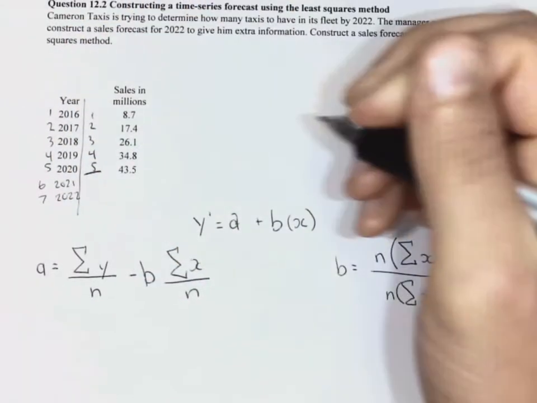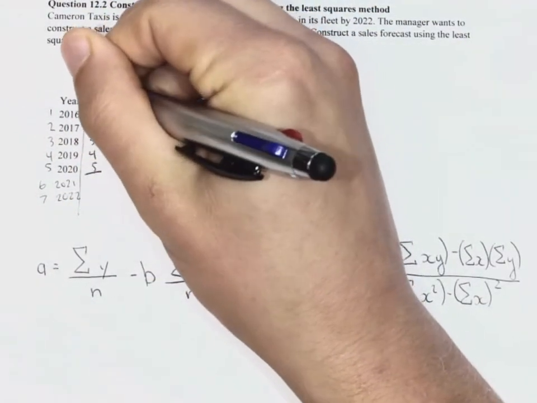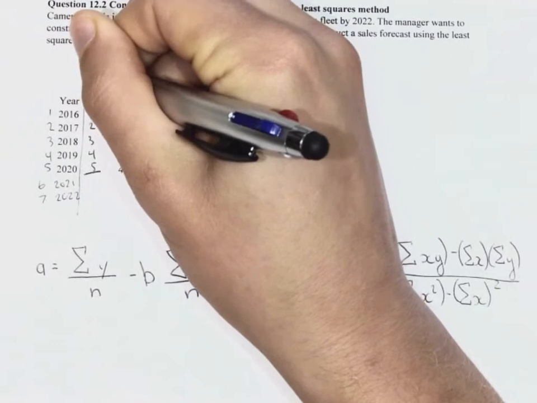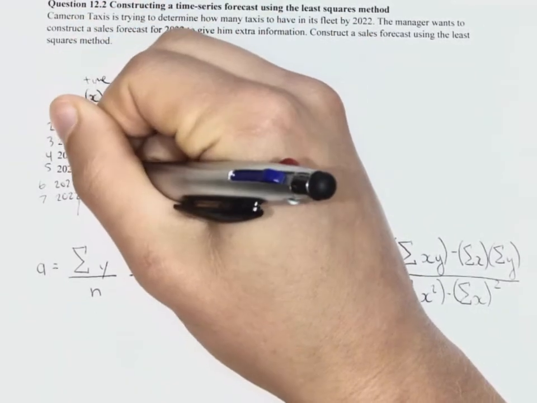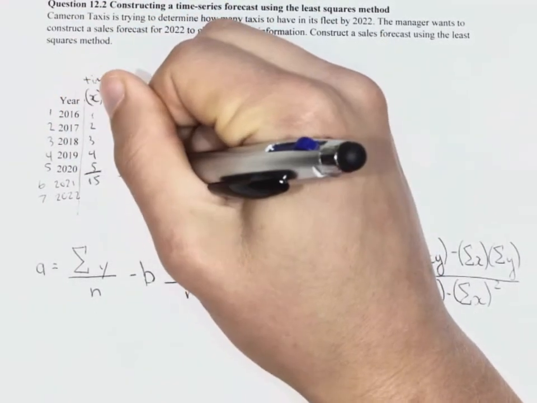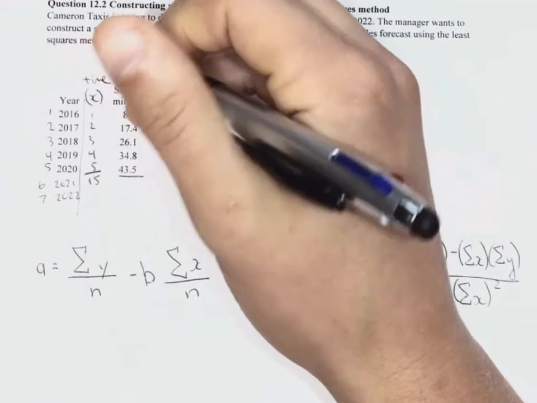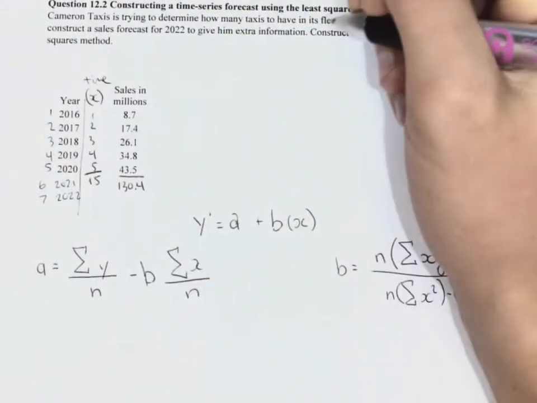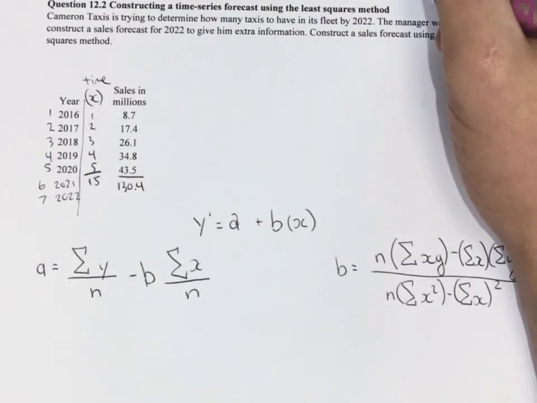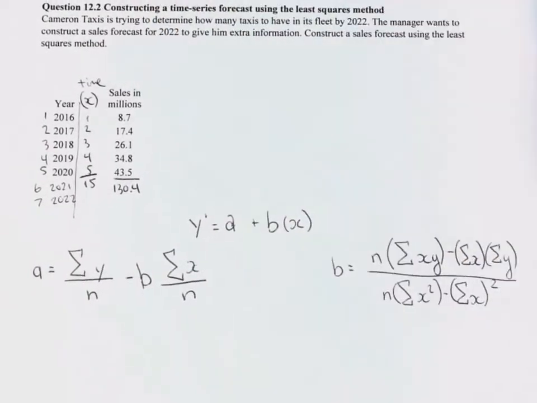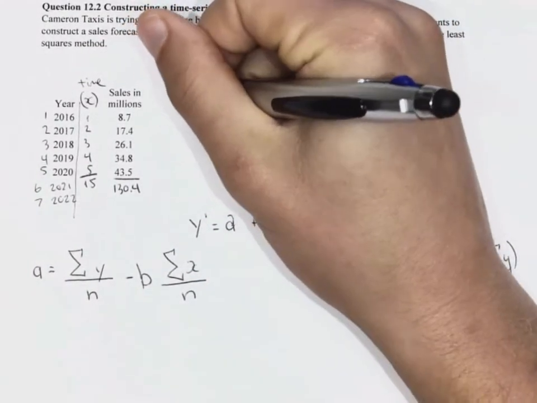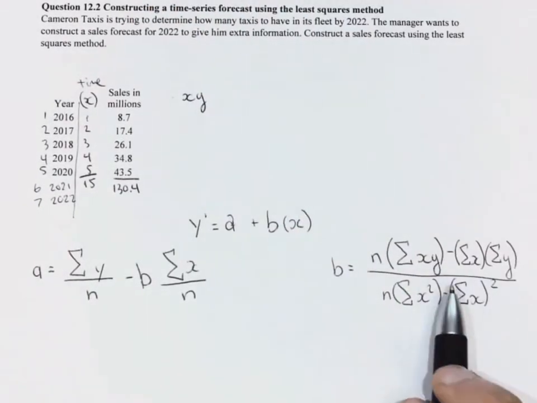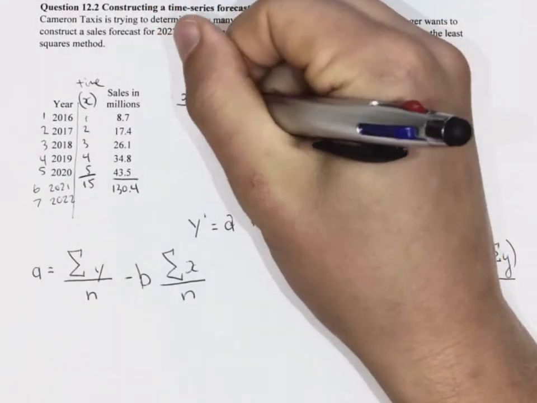And I'm going to have our x, which is our time, and give a sum of x, which would be 15. Our sum of our sales is 130.4. And we can take our x, y, which we'll need down here, and multiply across.